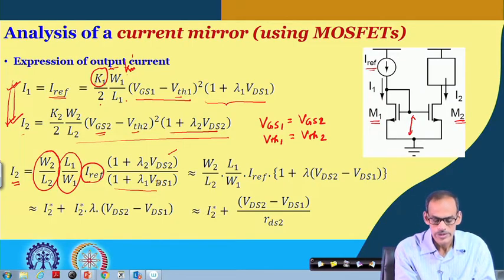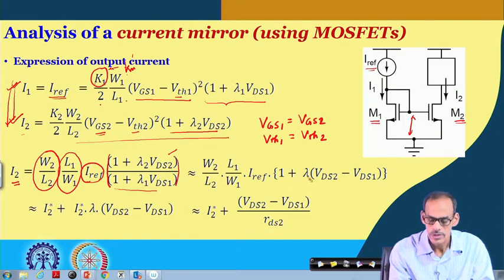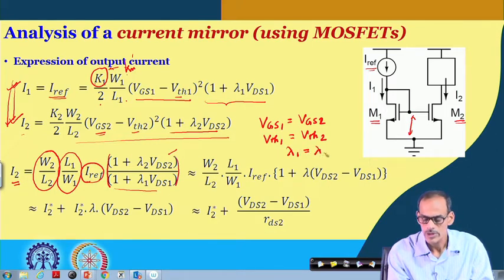Now, we can approximate this part in terms of 1 plus lambda into VDS difference, assuming lambda 1 equals lambda 2, and also ignoring the term associated with lambda square.